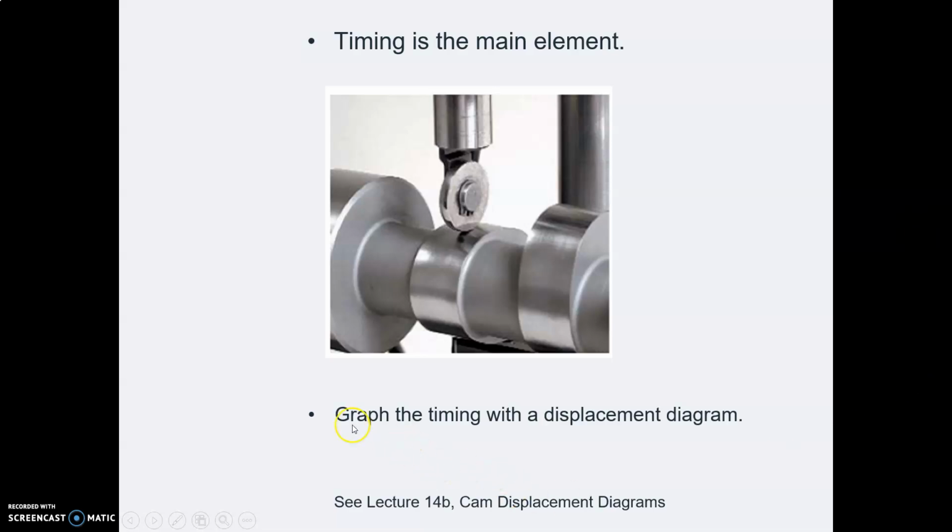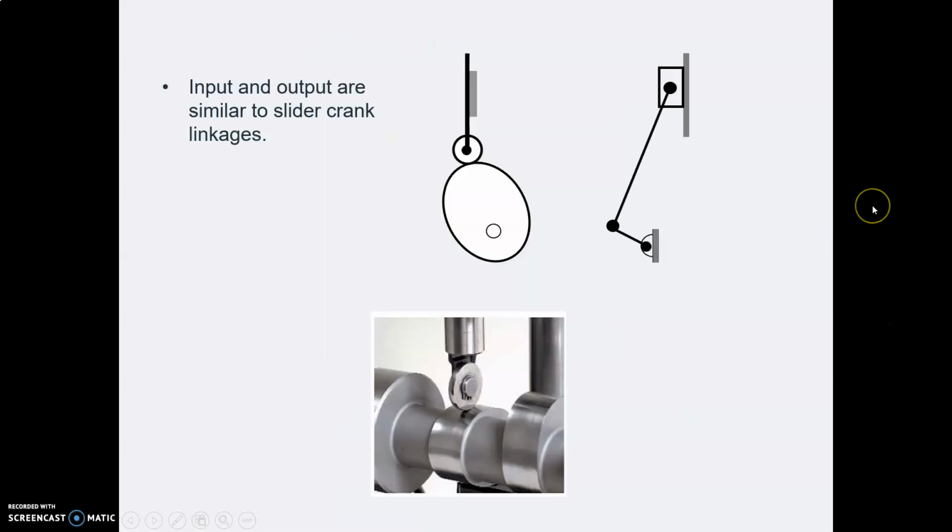How do we do that? We will make a graph of that timing. That's called a displacement diagram, and we'll look at that in the next set of slides. For now, we'll just sort of get an overview. If you remember when we talked about linkages, we looked at a crank and slider, and here's one turned up vertically.